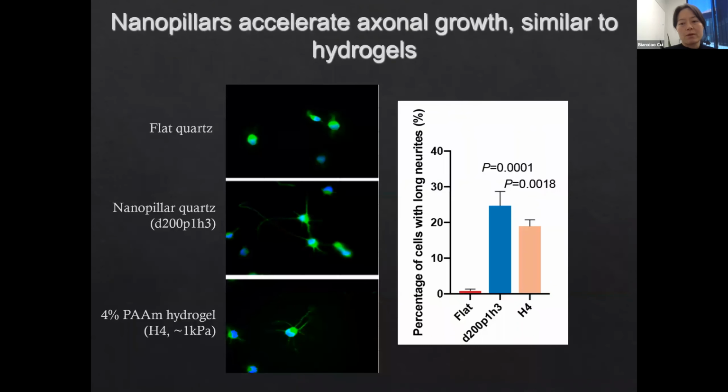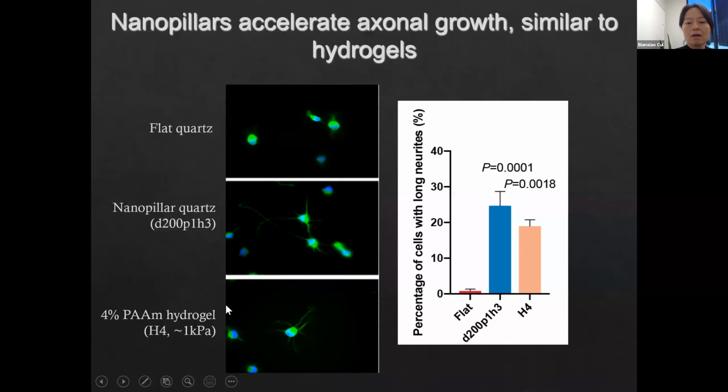And then we look at the neurons, which we talked about before. So neurons on the flat substrate after 20 hours are mostly round, without neurites, but neurons on the nanopillar substrate, a lot of them grow out long neurites. And interestingly, neurons on the hydrogel surface also grow out long neurites.